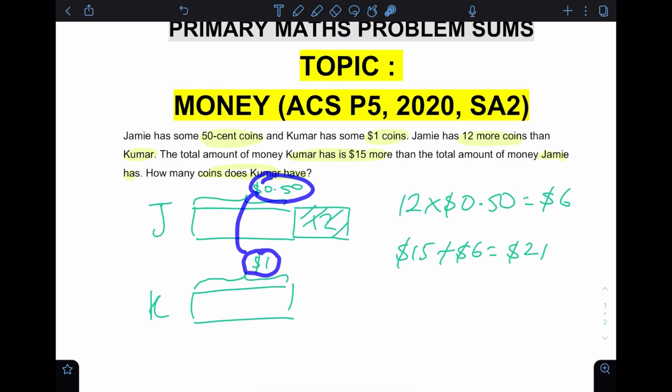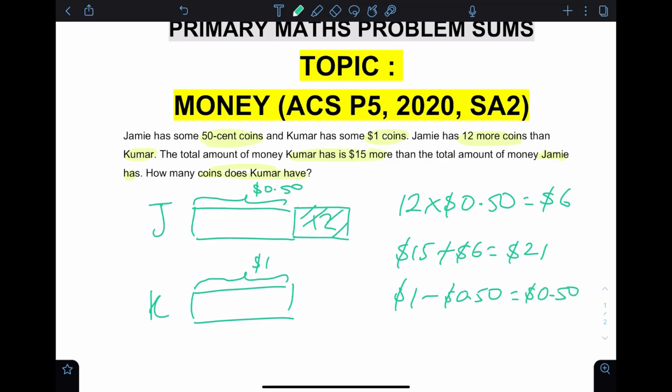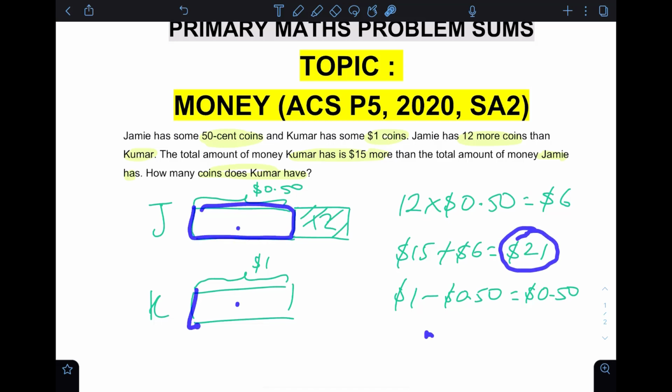And the difference will only be 50 cents, right? 1 minus 50 cents. That will give you 50 cents. This is if Kumar has 1, Jamie also has 1. But that may not be the case because the total difference is $21 for this section of coins. Which means that definitely they will both have more than 1 coin.